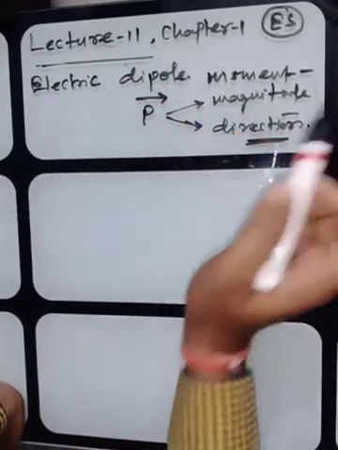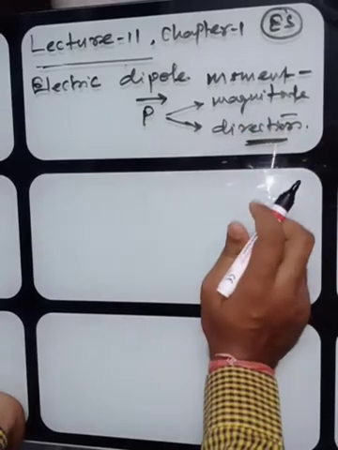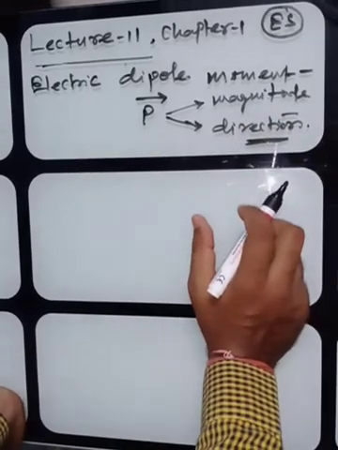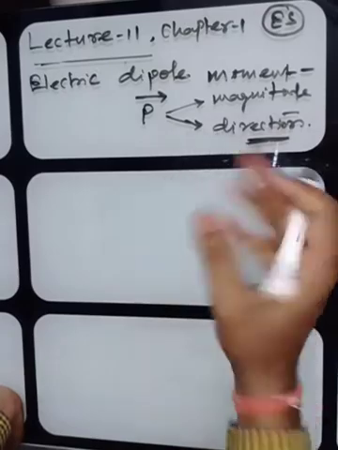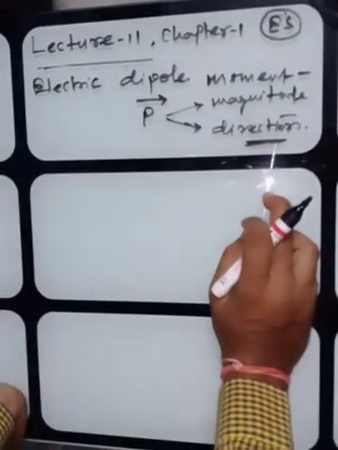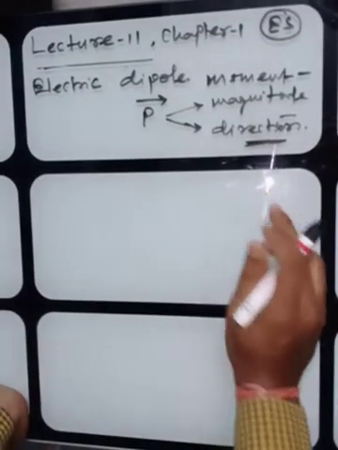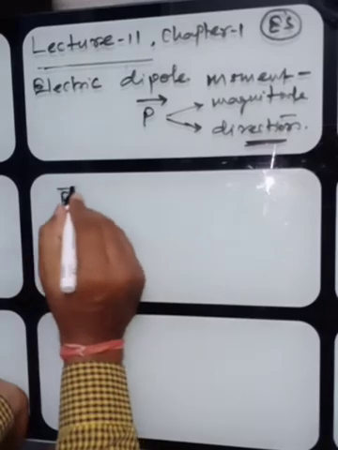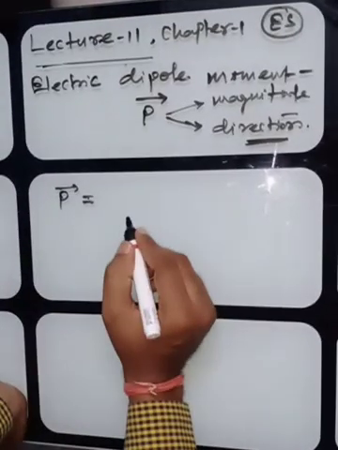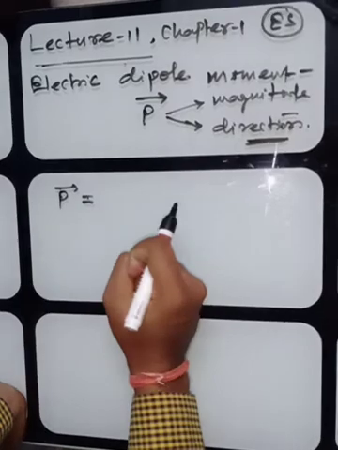So the electric dipole moment is a physical quantity. We'll study what this electric dipole moment is. You can write it in your notes. Electric dipole moment is the product of the magnitude of either charge.